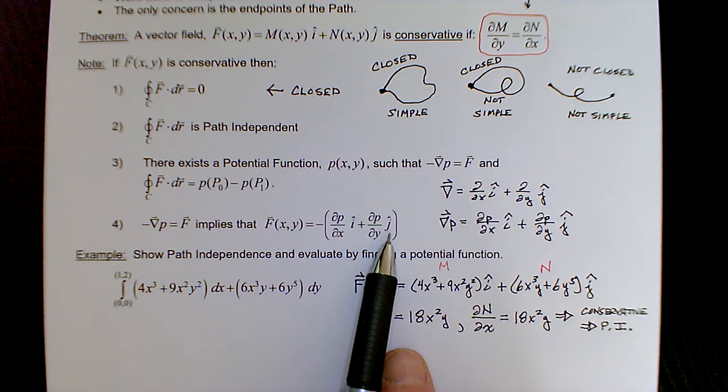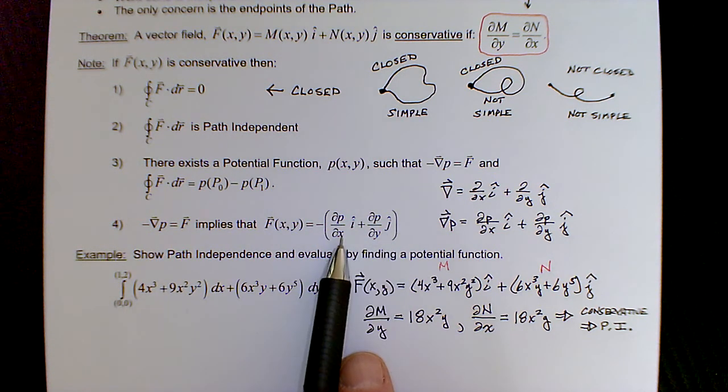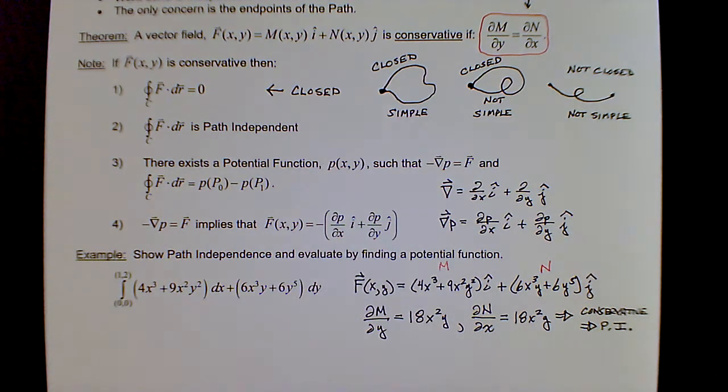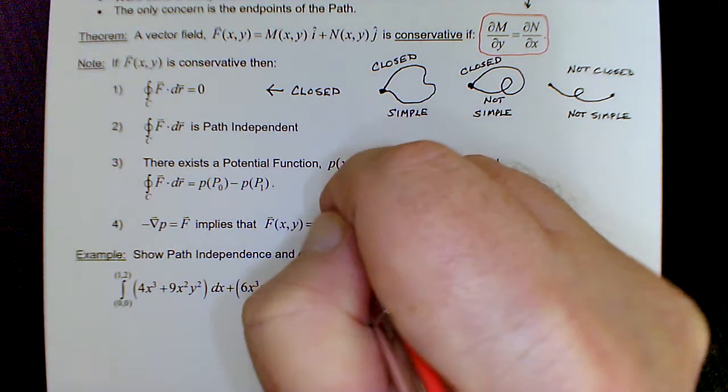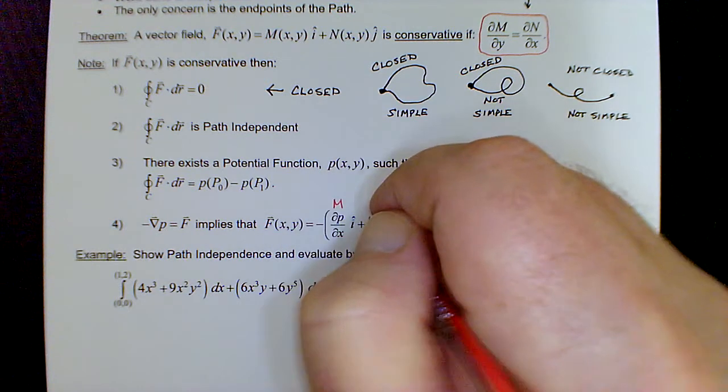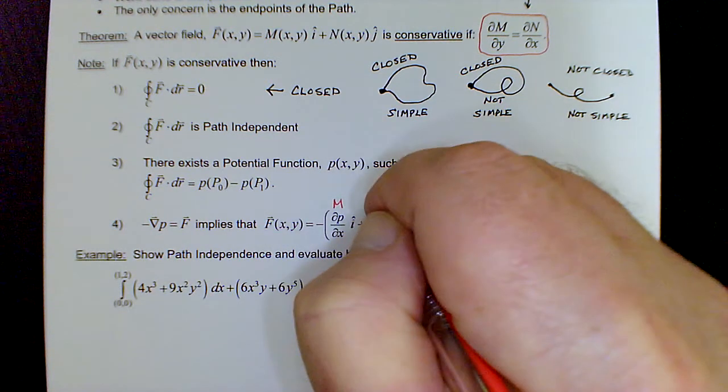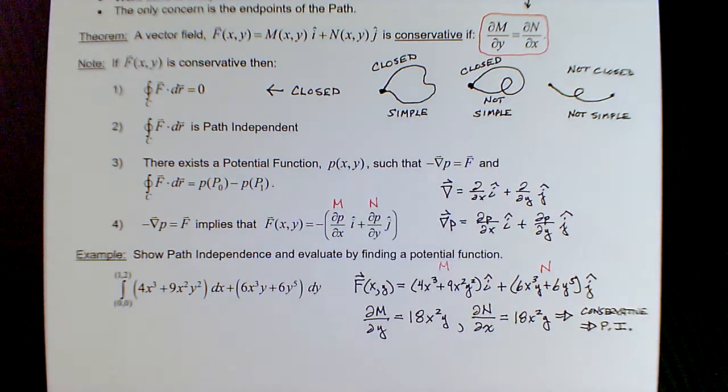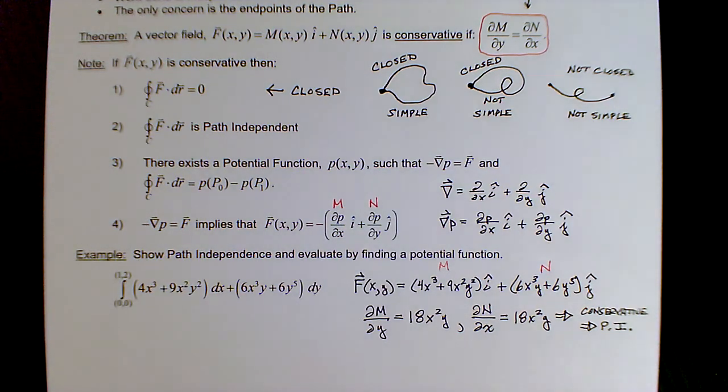So basically you could say that dP/dx is really the M, or the partial P with respect to x is really M, and the partial P with respect to y is really N.